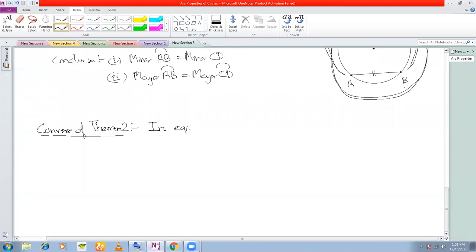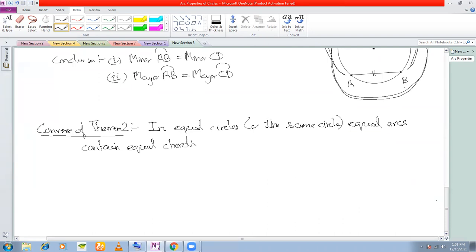So in equal circles or the same circle, equal arcs contain equal chords. Okay, so just the converse of what I have explained.